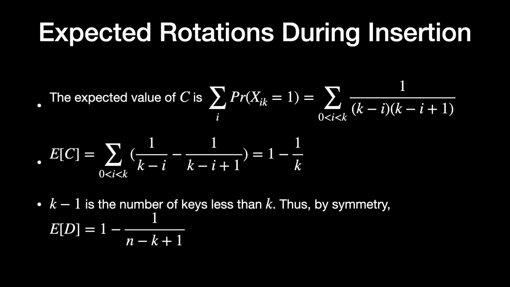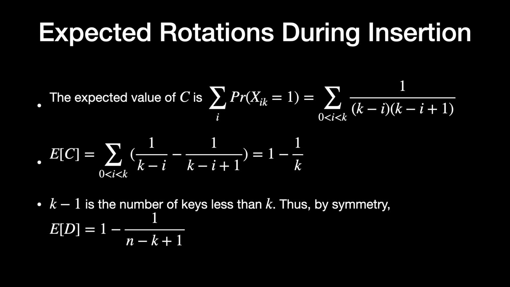Now, of course, if the value of i is greater than k, then the probability of x_ik being 1 is equal to 0. Therefore, we only calculate the probability for values of i being less than k. This is equal to the summation you can see, which is 1 by (k minus i) times (k minus i plus 1). You can transform this into a telescopic series and it comes out to be 1 minus 1 by k.